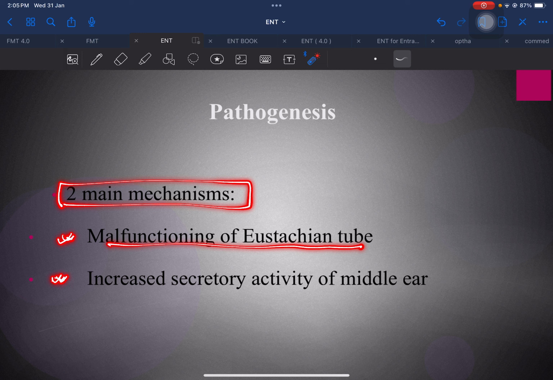Here at this time what will happen is that the number of mucus-secreting cells will be increased in our middle ear. So these are two mechanisms. One is malfunctioning of the eustachian tube, and another is increase in secretory activities of the middle ear, right?